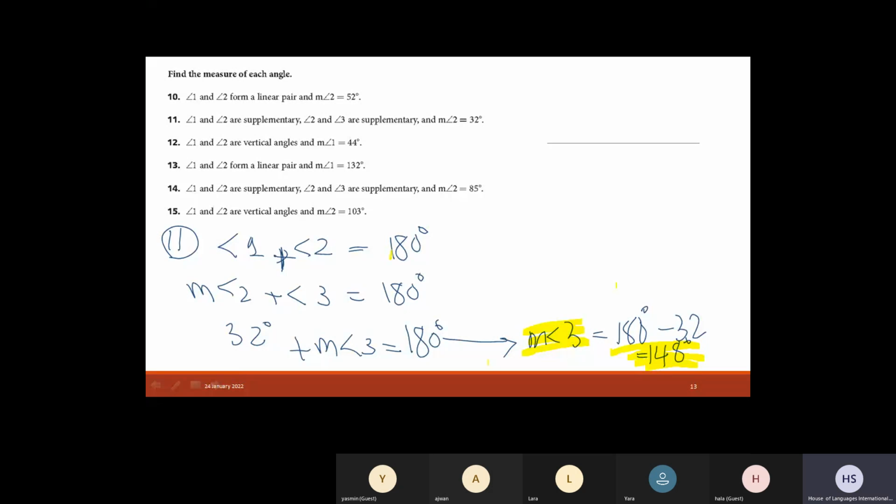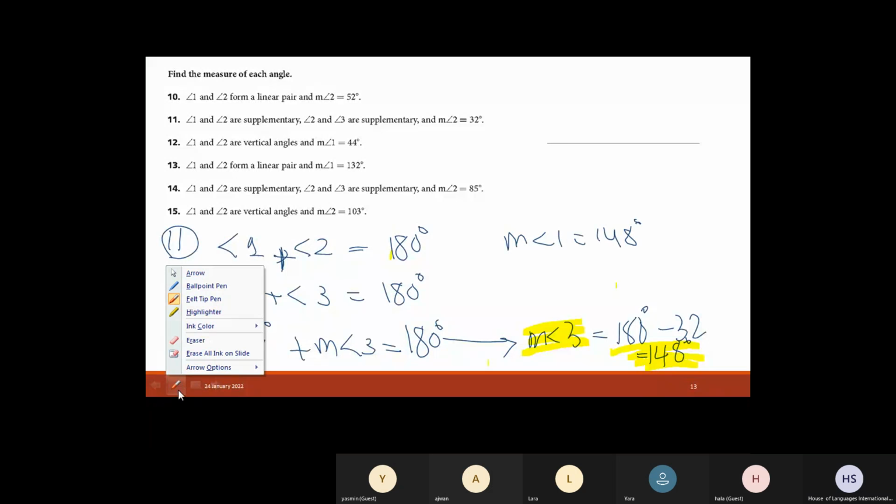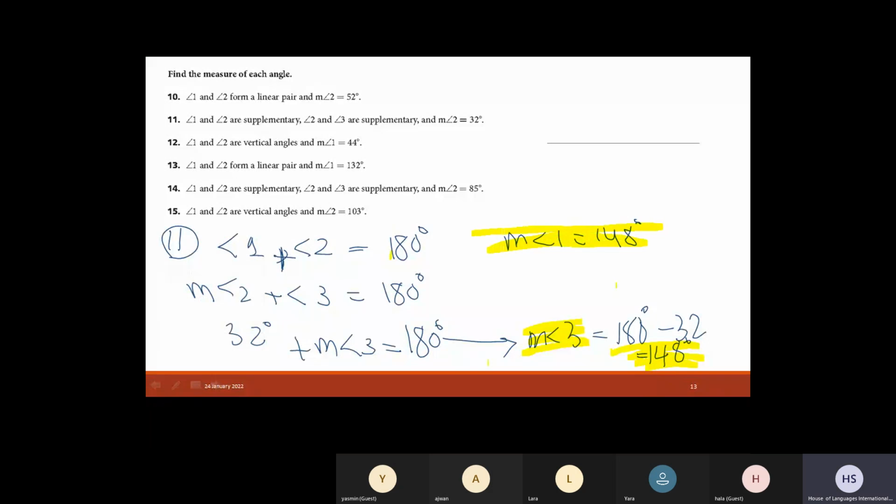So what's the measure of angle 1? Bravo. So the measure of angle 1 is 148.